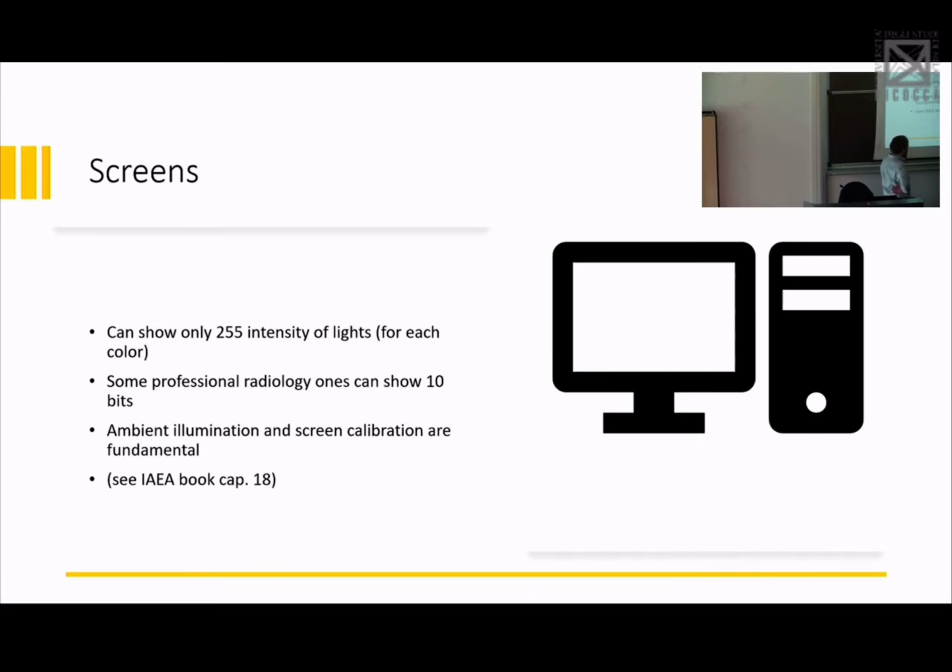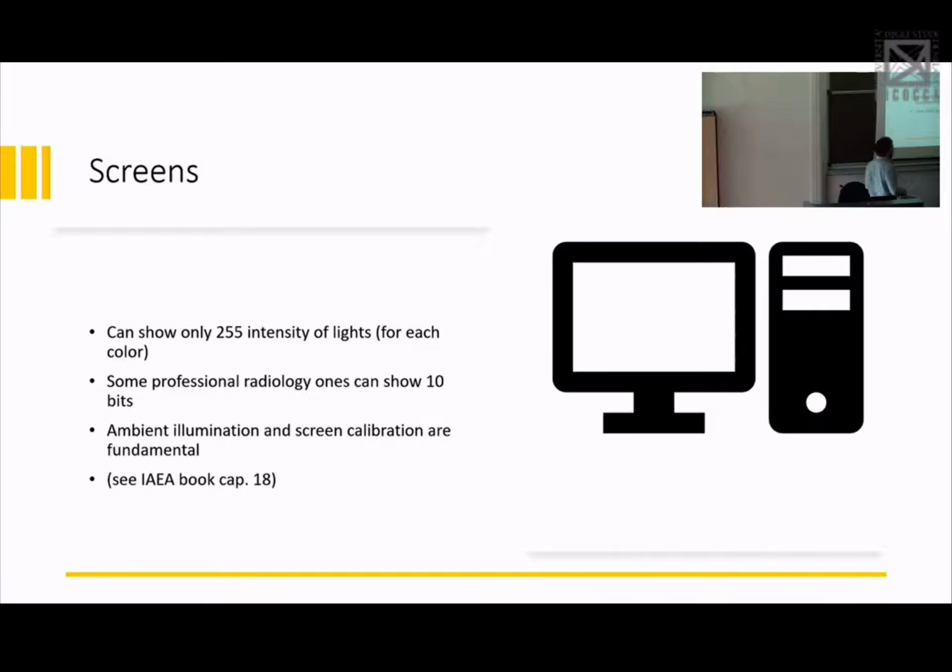We don't have films anymore. Anyone here ever played with film photography? Okay. Film photography had a spectacular spatial resolution. So in mammography it survived quite a lot, and also in dental imaging, but for the rest, since the years 2000 to 2010, everything switched to digital.